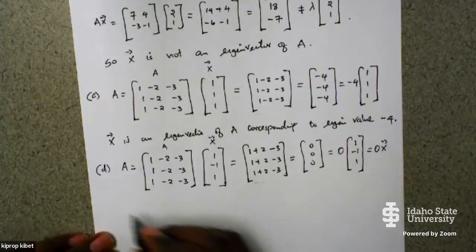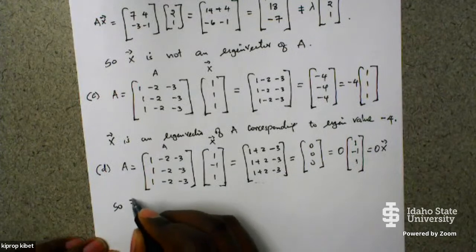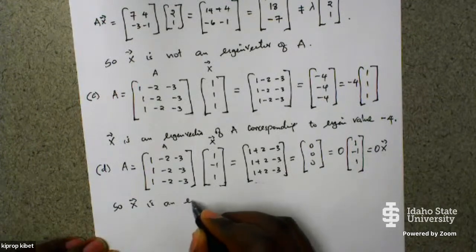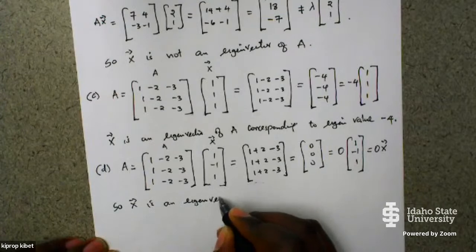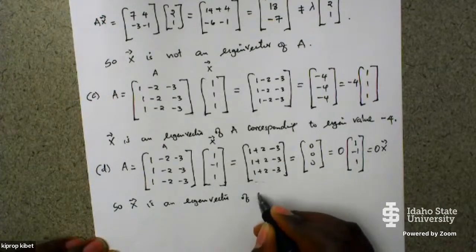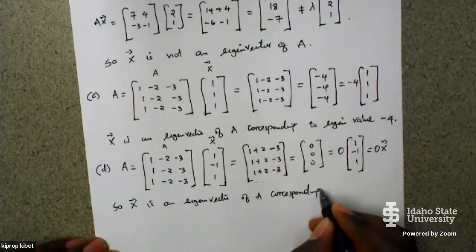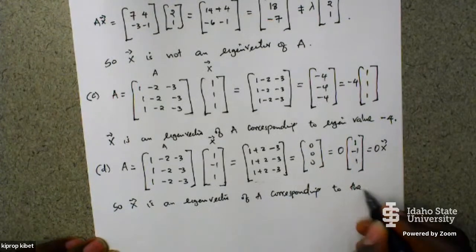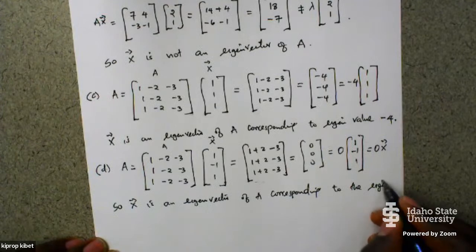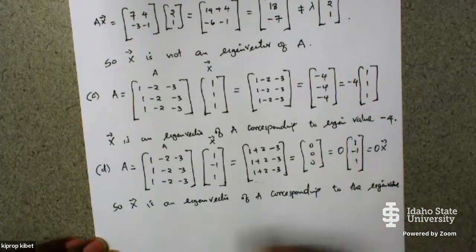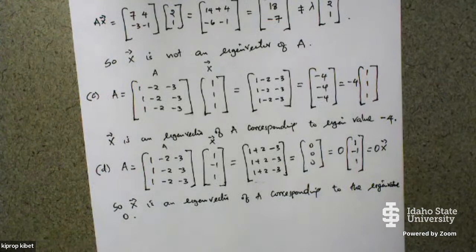So therefore, x is an eigenvector of A corresponding to the eigenvalue 0.